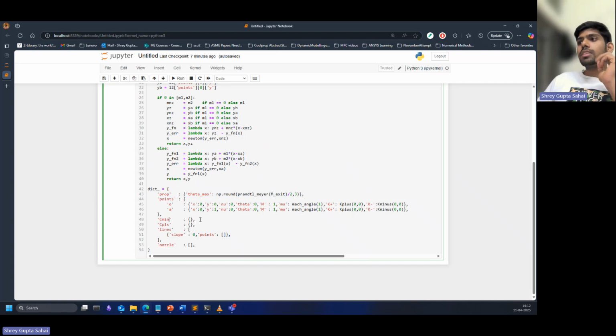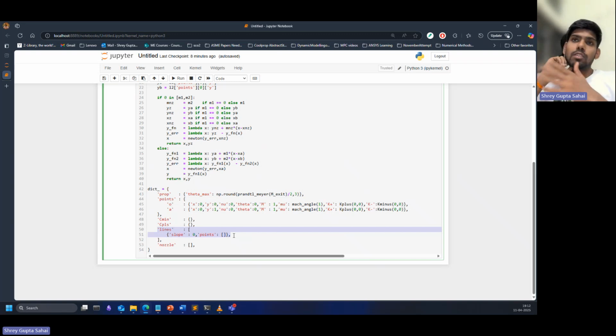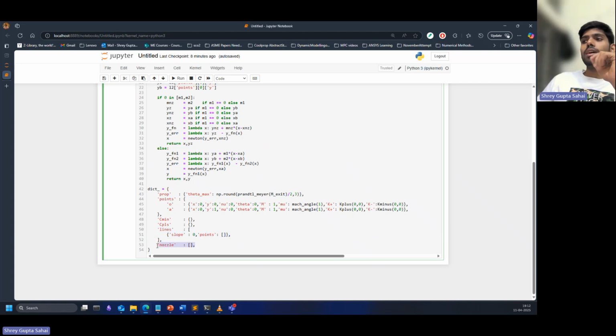There will be some C minus lines that we store in the C minus section, and some C plus lines that we store in the C plus section. I've also ensured that all the lines, no matter whether C minus or C plus, are stored in lines. Just plainly, we could combine C minus and C plus, but I want to store them in this lines list. Then nozzle stores the points.